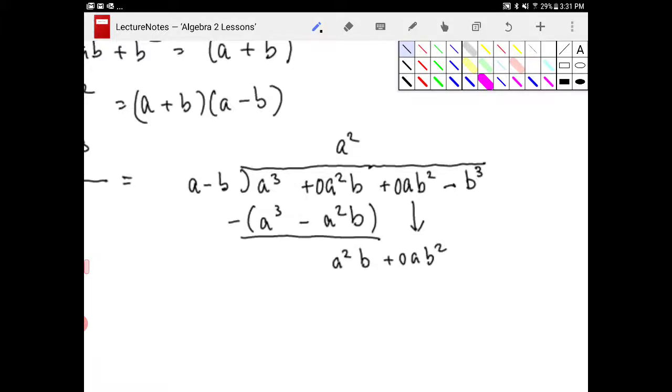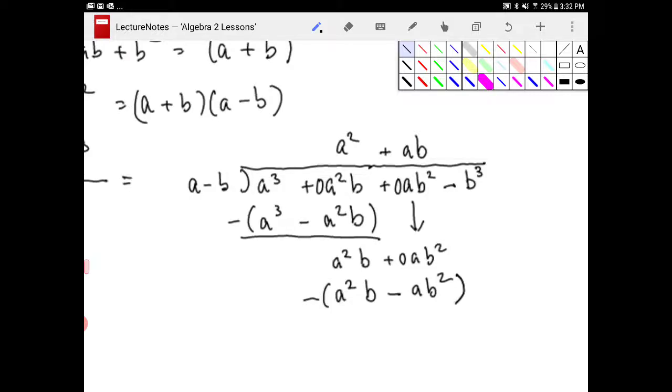What do I have to multiply a minus b by to get a squared b? I will need to multiply by ab. So if I do that, I'll end up with a squared b minus ab squared.